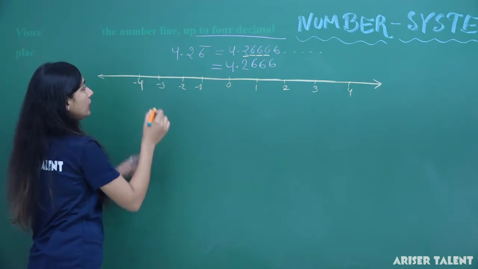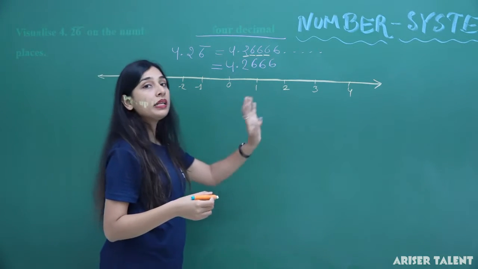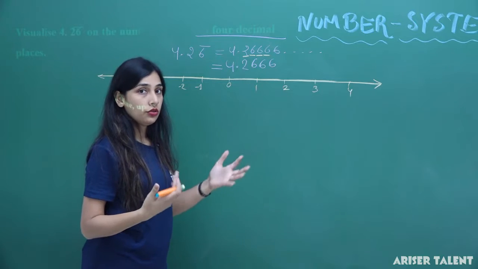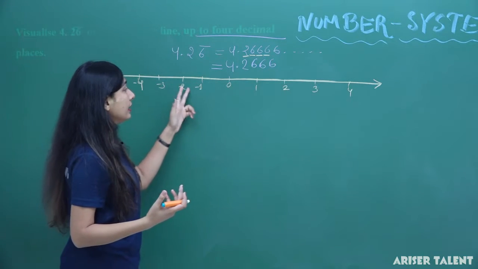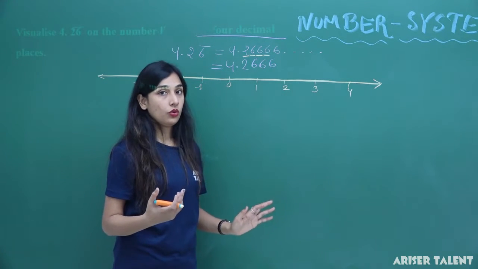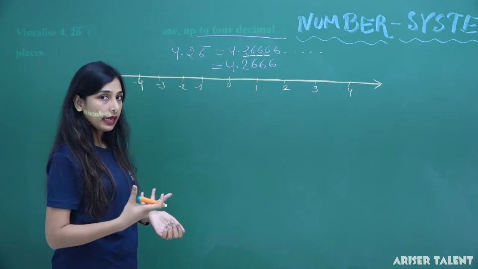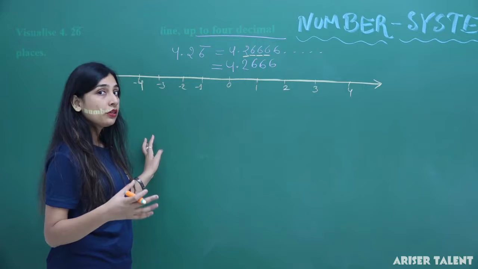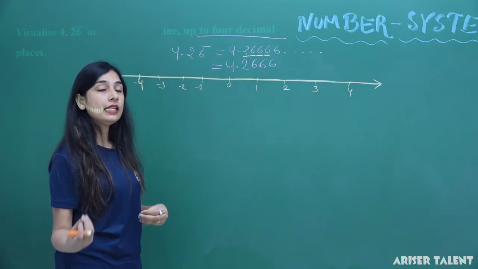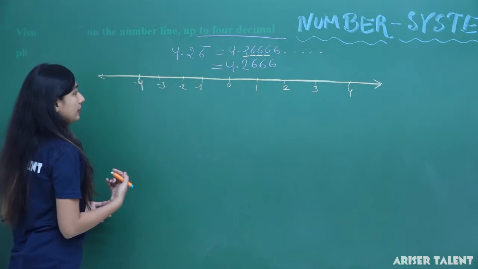Again to remind you, each and every section of this number line will be equal to each other. That means their difference will be equal. And you have to do it with a scale, not with free hands like I am doing on the blackboard. So you have to do it with proper scale and pencil.